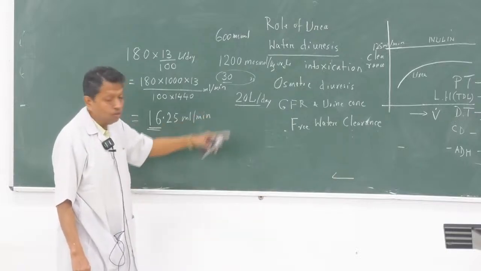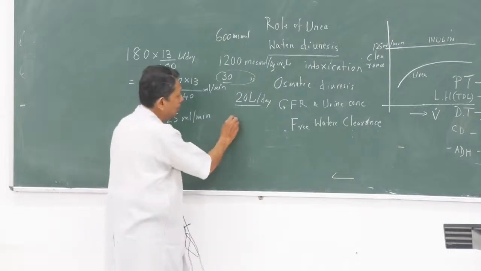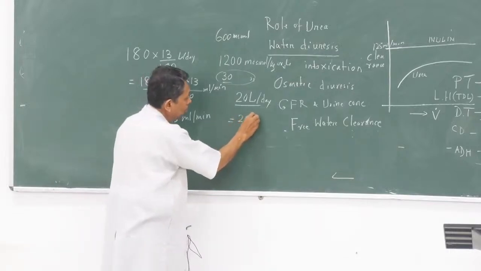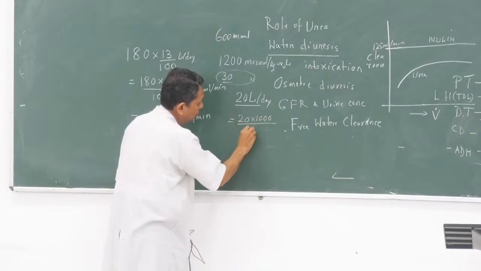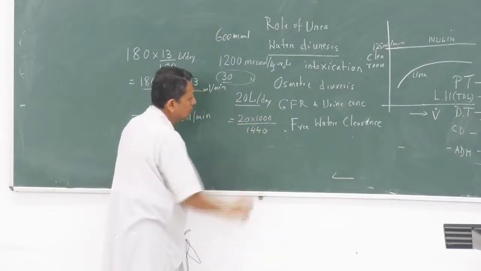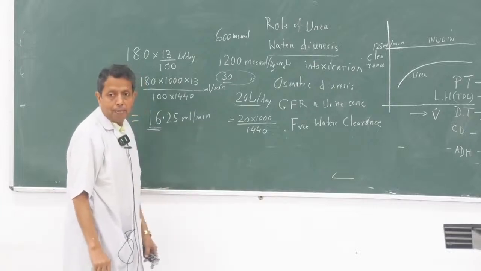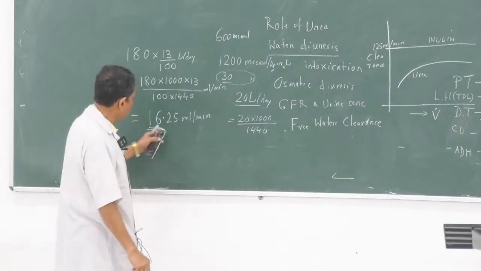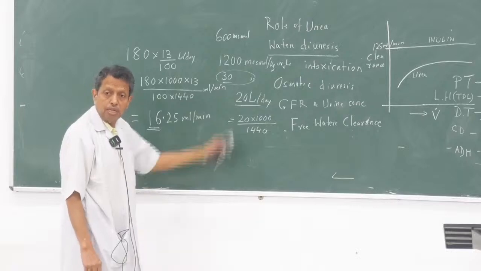You can convert it into minutes or ml: 20 into 1000 divided by 1440. So you will get a particular value close to this value. In this way, you can also think.